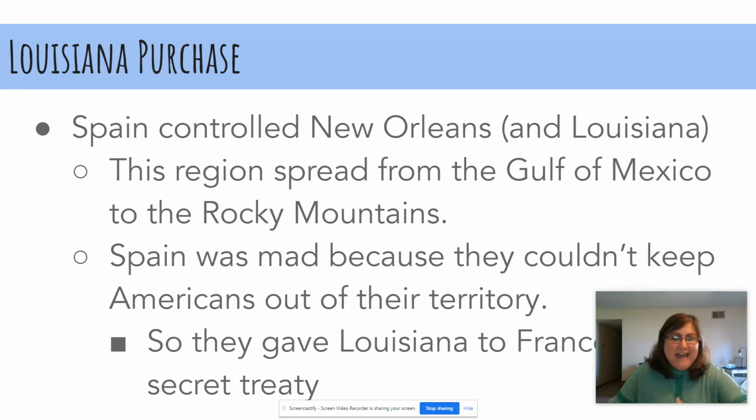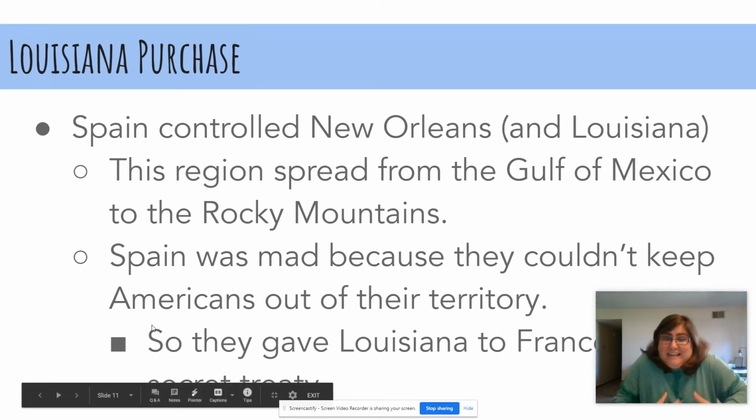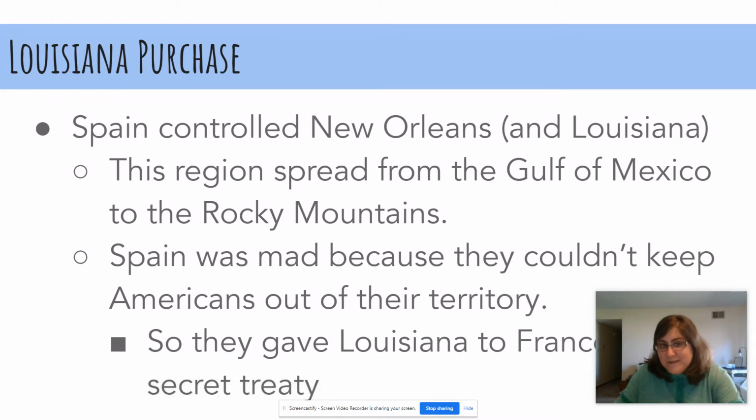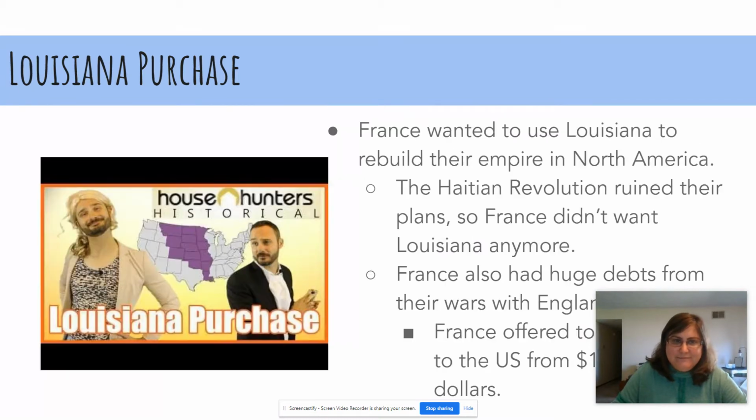So eventually, Spain just gives Louisiana to France. Another reason they do this in this very secret territory is that they don't want England to get this territory, and there's some sort of mix up all around after the American Revolution to keep this out of English hands.